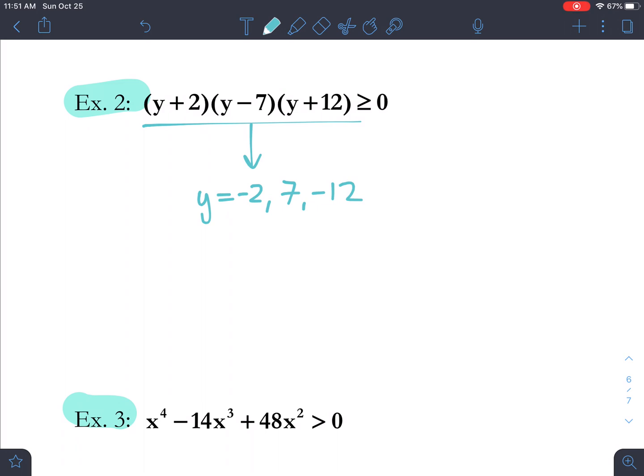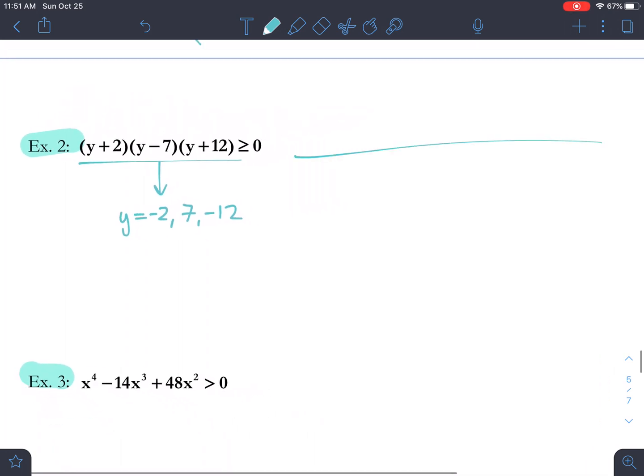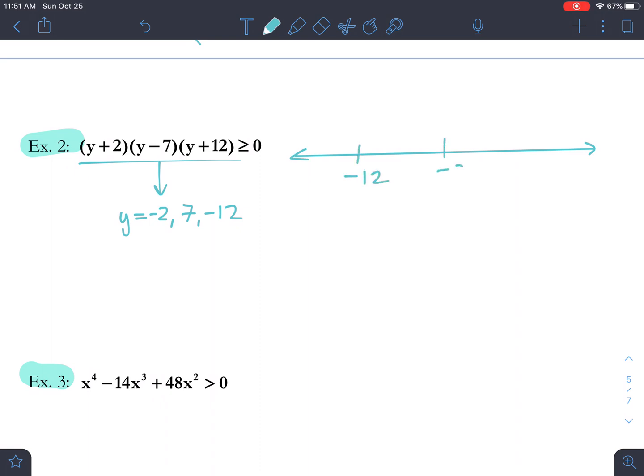So notice again, I'm setting each parenthesis to 0. I create a number line with those values from least to greatest, -12, -2, and 7. Again, I'm plugging into y plus 2, y minus 7, and y plus 12. I'm not going to write anything down this time. Let's just try to do it in our heads, okay?